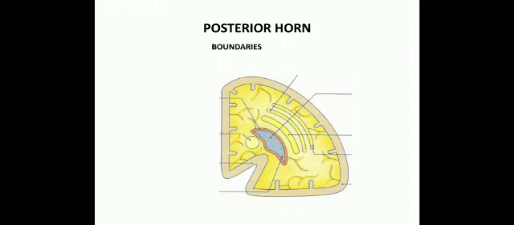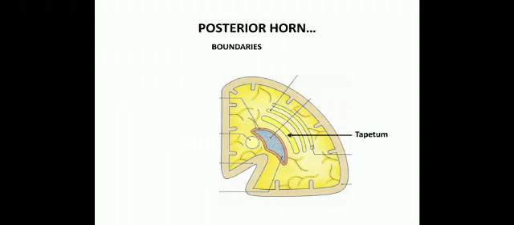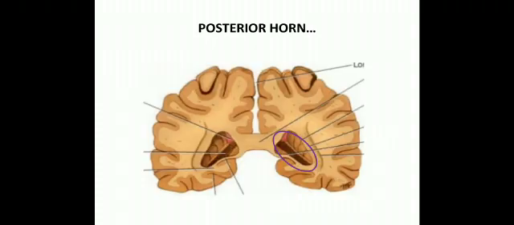The boundaries: the floor and the medial wall are formed by the bulb of the posterior horn, raised by the forceps major. The roof and the lateral wall are formed by the tapetum fibers of the optic radiation. Here you can observe the posterior horn in cross section.